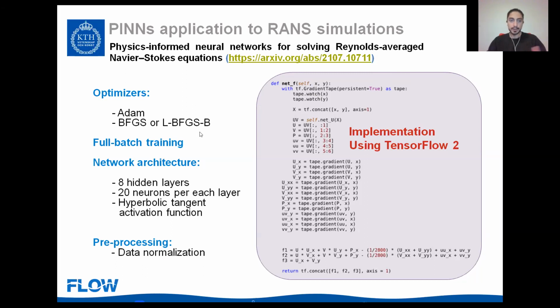We have a very simple neural network, fully connected, with 8 hidden layers. For each hidden layer, we have 20 neurons, and for all of them we have hyperbolic tangent as the activation function. Also, we normalize the data to make training more efficient.